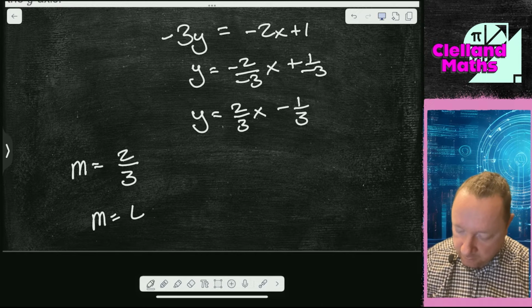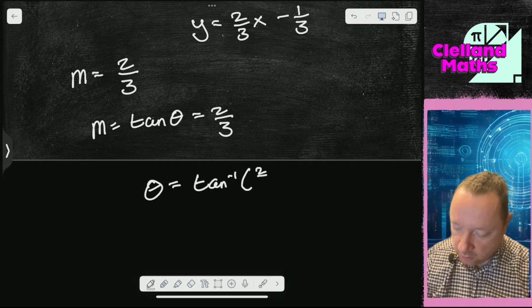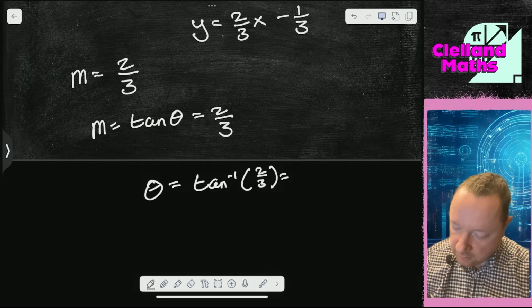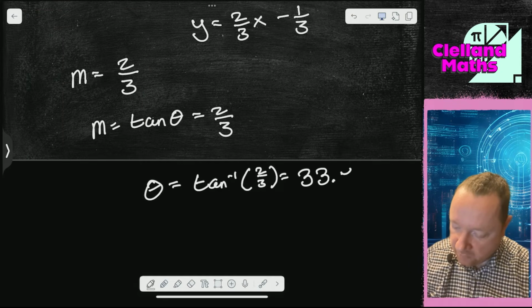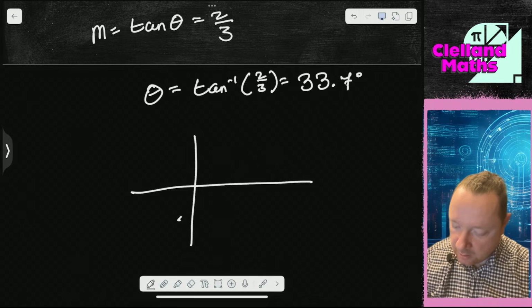It's a calculator question, so we can use it for our angle. Gradient equals tan theta. So that equals 2/3. So our theta would be the inverse tan of 2/3. And we'll do it as an angle. Shift tan 2/3 is 33.7 degrees. But remember, that's with the x-axis. So if you think of this as a picture, it's something like that.